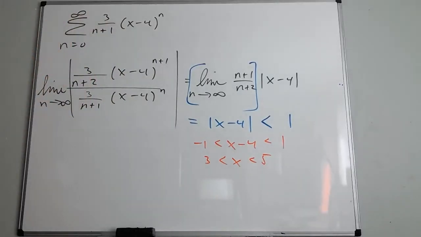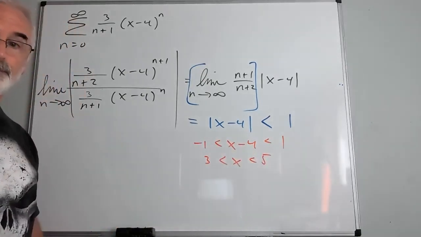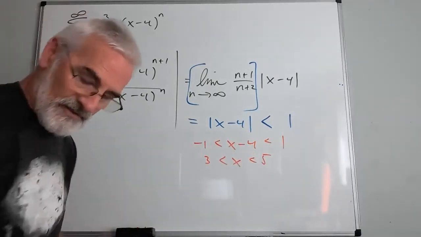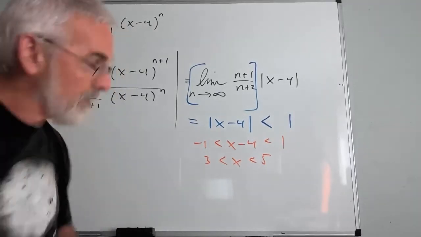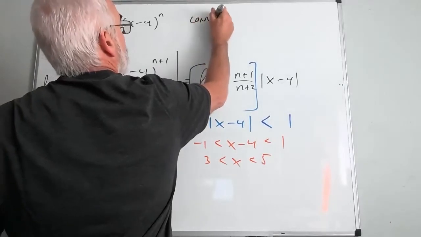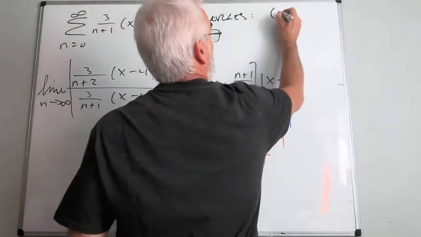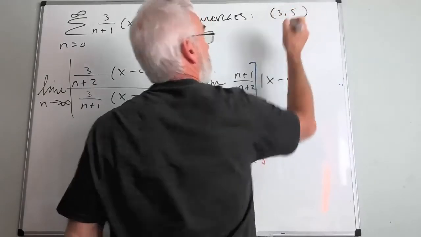So clearly, I'm going to be smaller than 1 in absolute value anytime x is between 3 and 5. So right now, I can say that this converges in the open interval from 3 to 5.